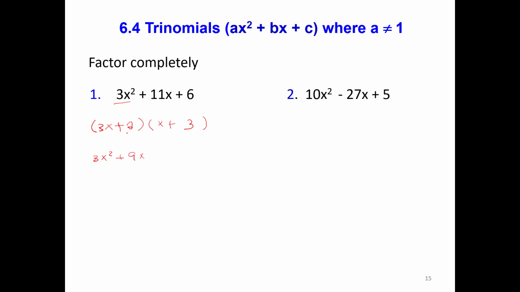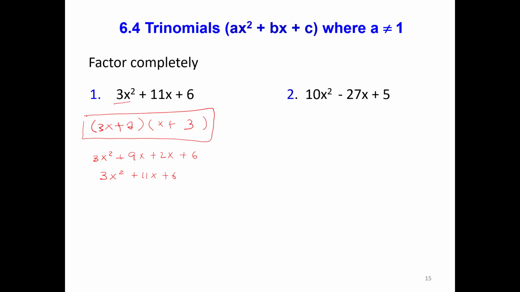The inside, 2 times x is 2x. And the last one, 2 times 3 is 6. If we combine the terms, we have 11x plus 6. This is the trinomial we had to factor, and this is the right answer. Okay.